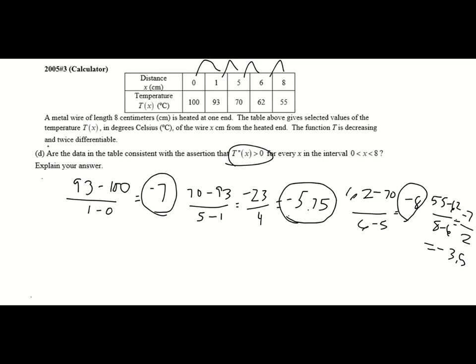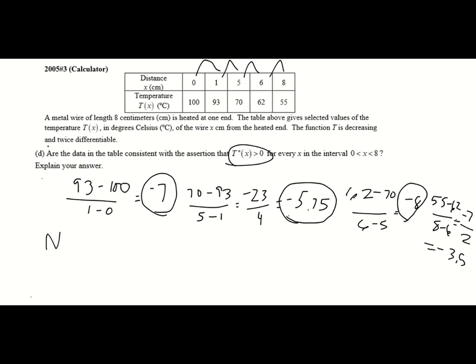So we're going to have to say that, let's see, answer the question. Are the data in the table consistent with the assertion that T double prime of x is positive for every x in the interval?